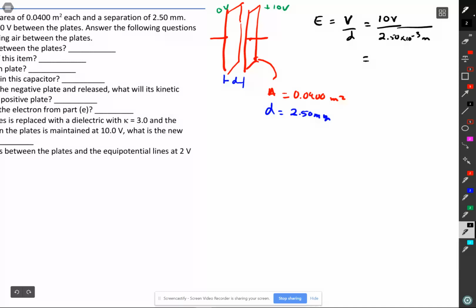So that's equal to, and again, 2.5, that's basically a quarter with offset. And so the answer you get here is 4,000 newtons per coulomb.